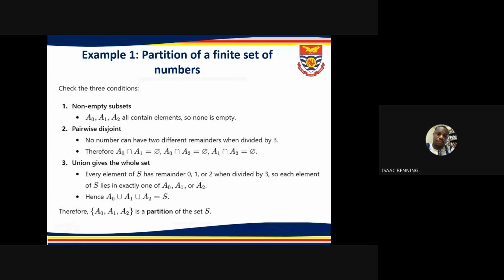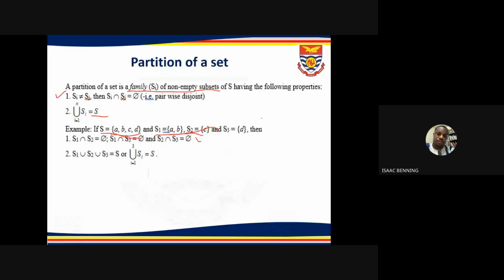Now, that's the explanation you have given. We can see that when we take any of the subsets A0, A1, A2, they are non-empty sets. And that defines what we mean by a partition of a set. A partition of a set is a family of non-empty subsets.